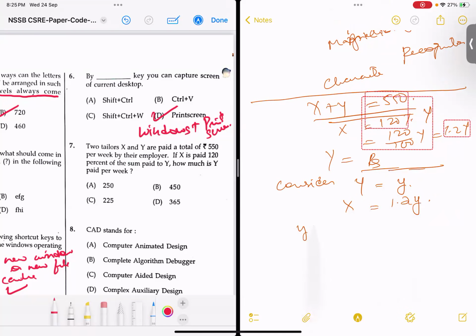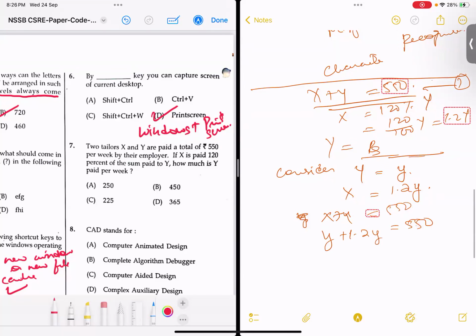Now the total, X plus Y, is 550, which means Y plus 1.2 Y is equal to 550. 2.2 Y is 550. So Y is 250, right? So the amount that is paid to Y is 250.